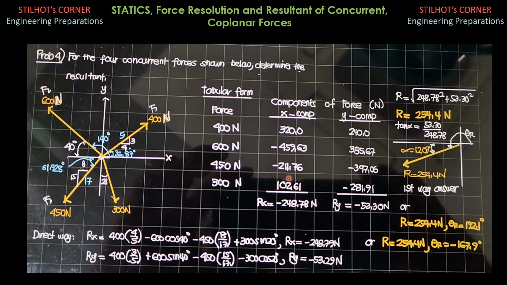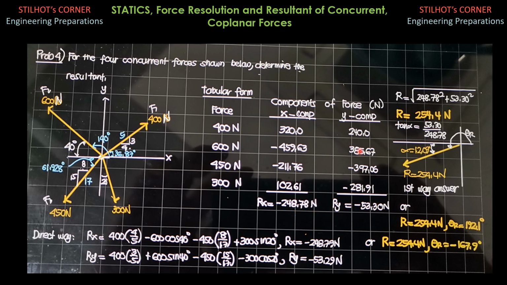You will get 102.61 newtons, while the vertical component, which is downward, is negative 300 cosine of 20 degrees. You will get negative 281.91 newtons.